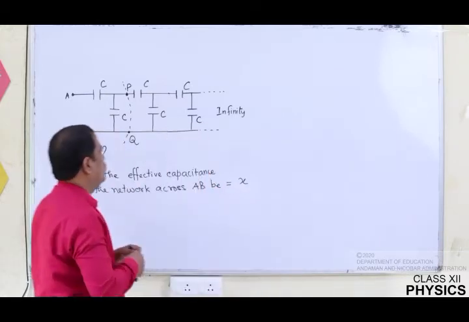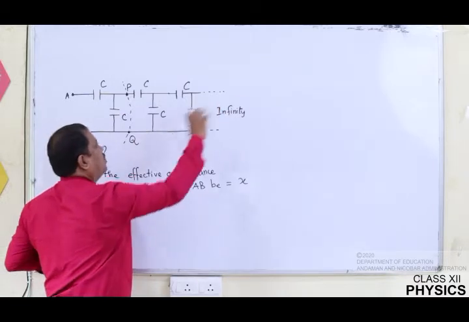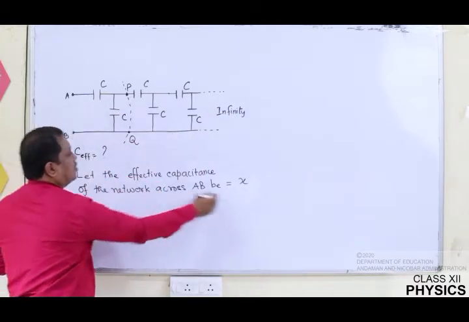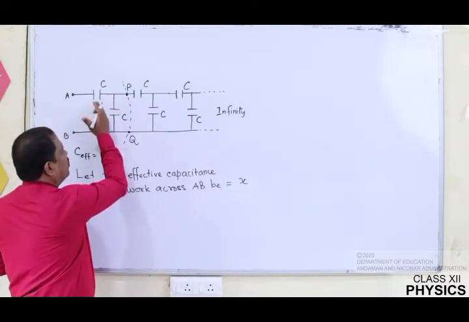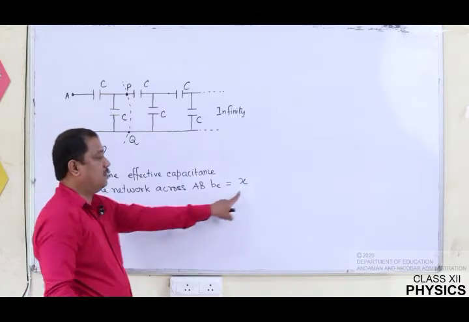Similar is the case. I have an infinite number of units of which this entire network is made up. The effective capacitance across AB is assumed to be X. If I leave one unit, this one unit is not going to make a lot of difference to the effective capacitance value.